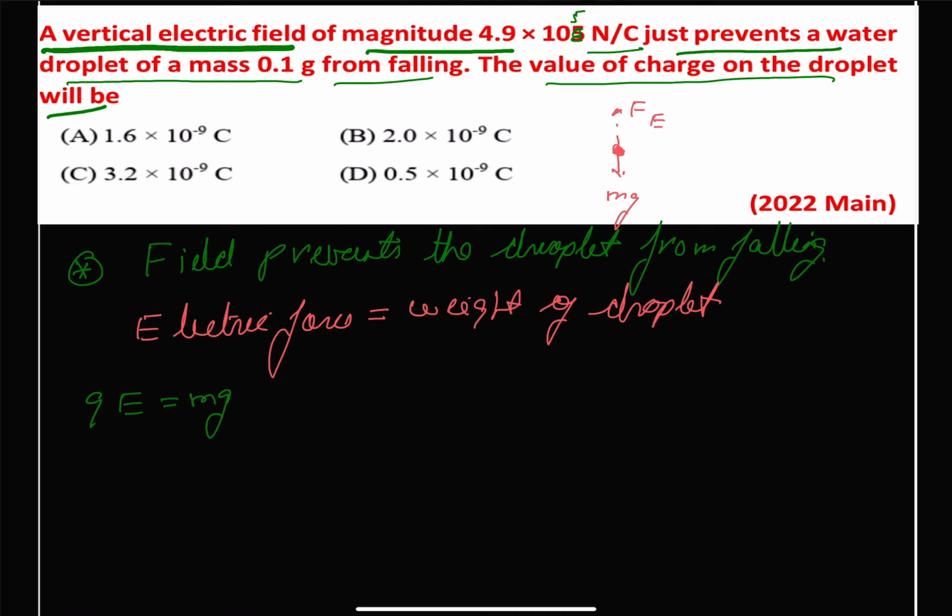We need to find out the charge, so we can say our charge will be equal to mg divided by the electric field, and we are given the mass as 0.1 times 10 to the power minus 3. g is 9.8. The electric field is given as 4.9 times 10 to the power 5. This comes as 2 times 10 to the power minus 10 coulombs.